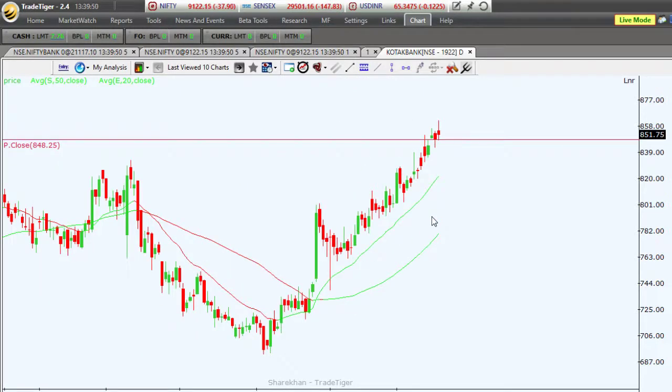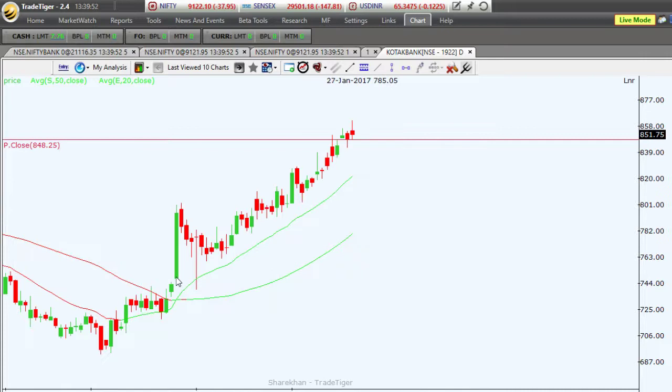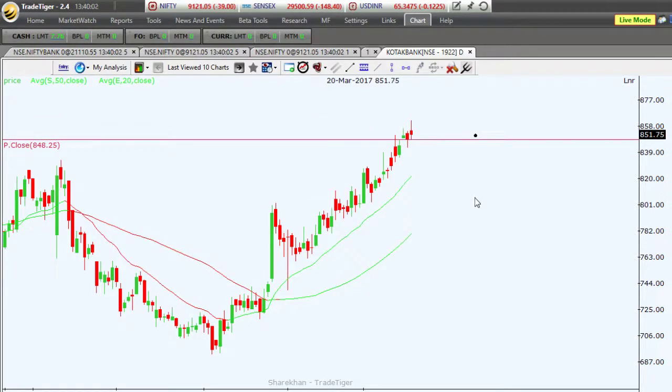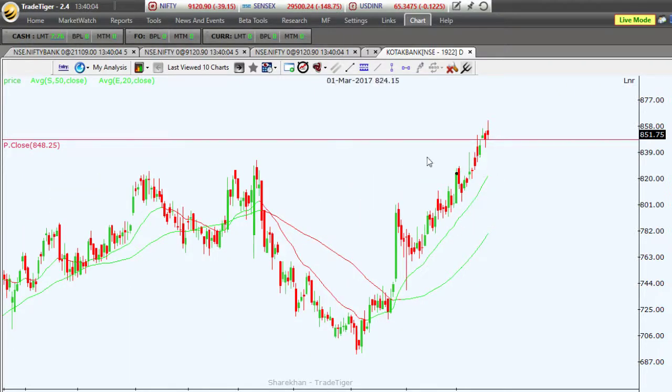These are the daily prices, how they fluctuated over the time period. While analyzing this, we will know where we are going to buy.